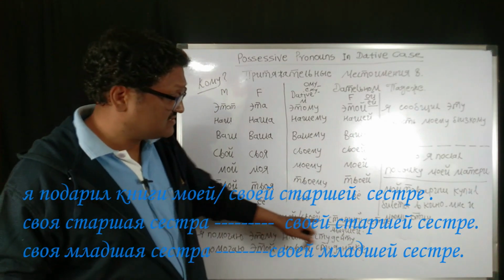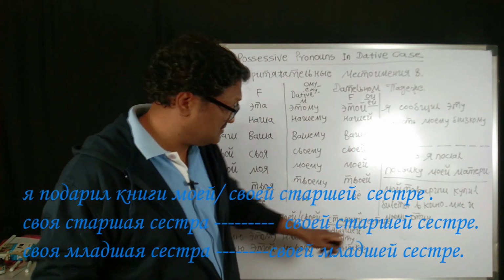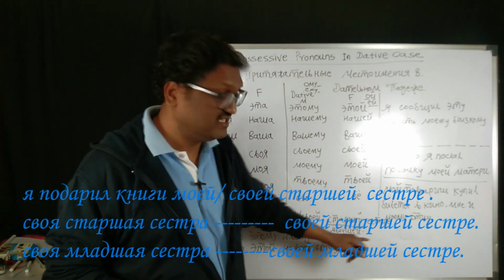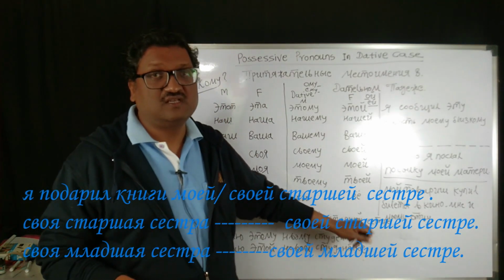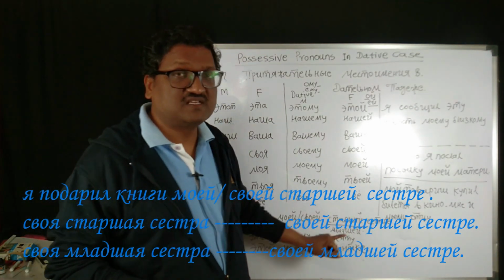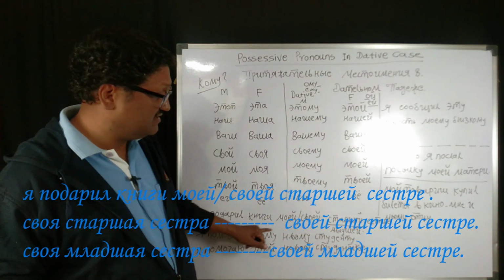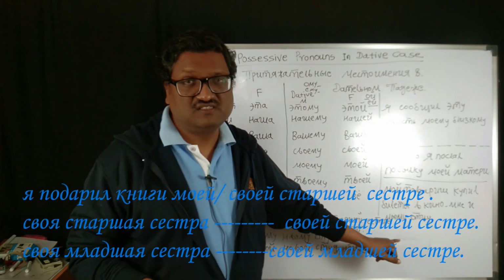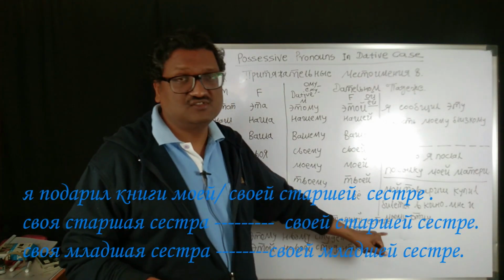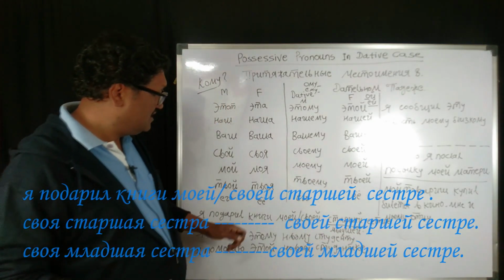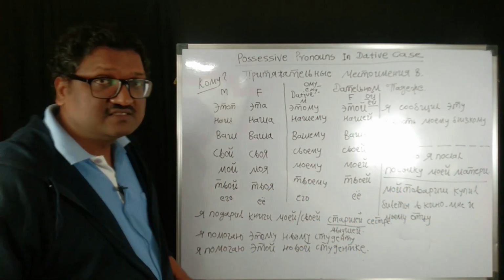So моя старшая сестра and своя старшая сестра change to моей старшей сестре and своей старшей сестре. Similarly, моя младшая сестра and своя младшая сестра will change as: я подарил книги моей младшей сестре, своей младшей сестре.